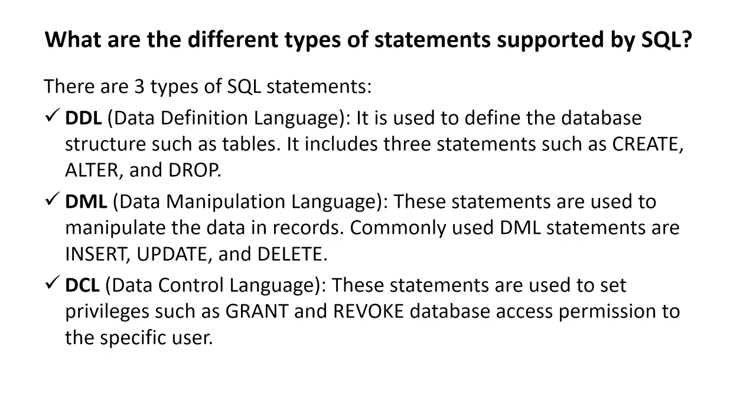DML, Data Manipulation Language. These statements are used to manipulate the data in records. Commonly used DML statements are insert, update, and delete. DCL, Data Control Language. These statements are used to set privileges, such as grant and revoke database access permission to the specific user.